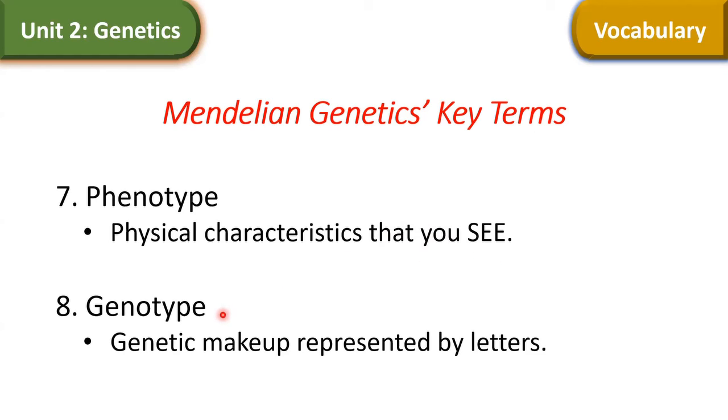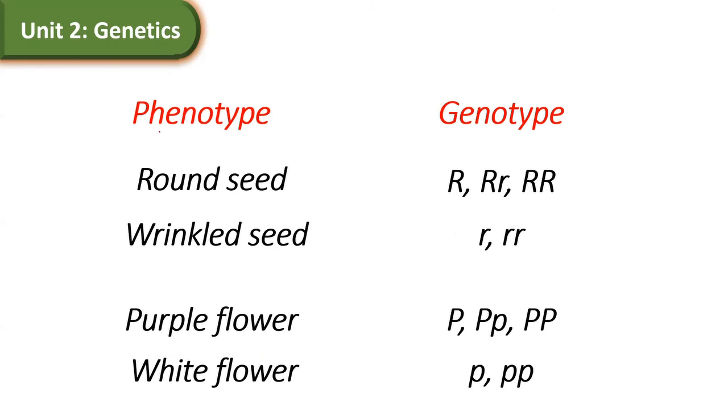And your genotype is the genetic makeup, which is represented by letters. So we have here examples of your phenotype and your genotype. Your round seed and your wrinkled seed are the alleles for the shape of your seeds, wherein your round seed is your dominant trait or dominant allele, and your wrinkled seed is your recessive allele or recessive trait.